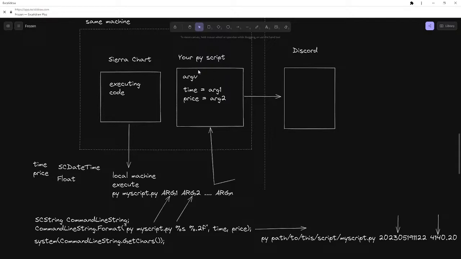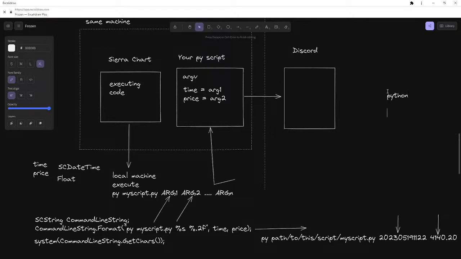So your Python script, you learn. I'm not a Python expert, so I don't know how to listen to command line arguments. But we could do a Google search: Python command line args. I think I've done that before. That should be straightforward. So basically in Python, it looks like you do something like import sys, and then it's sys.argv.